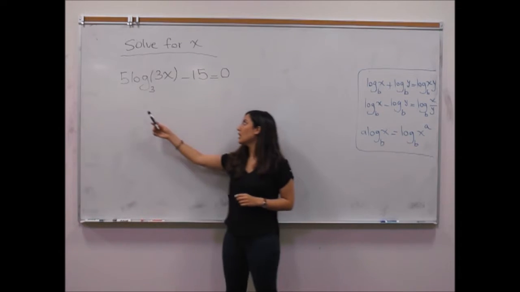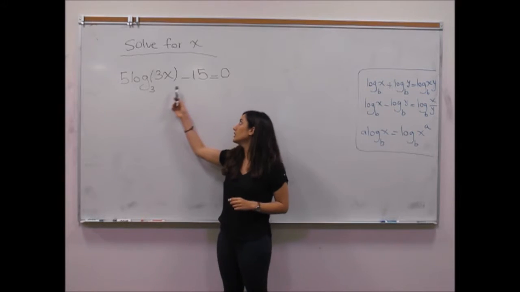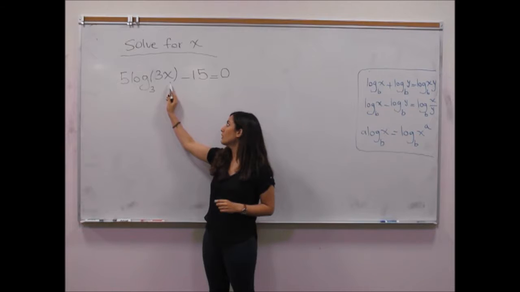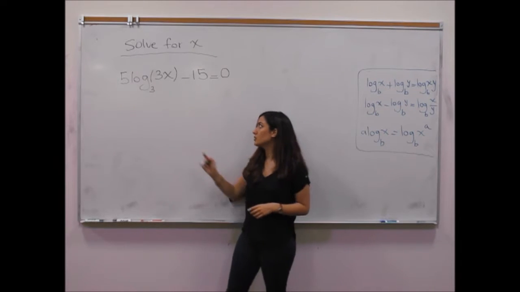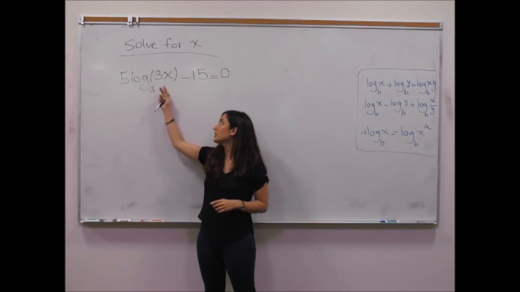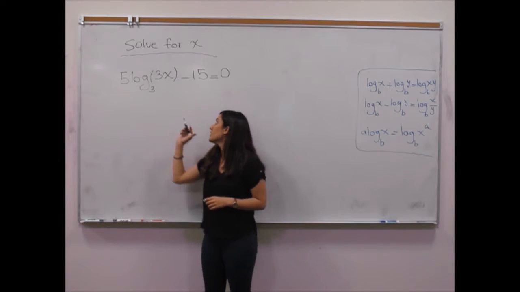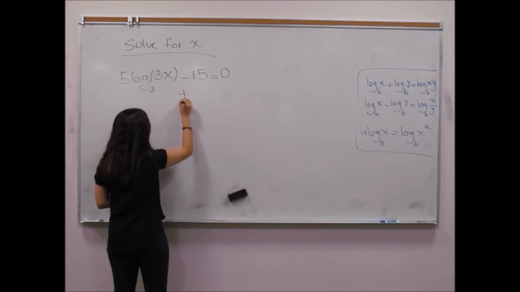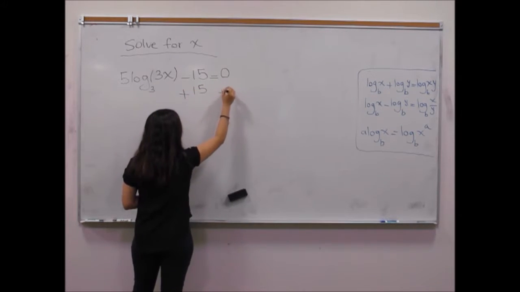This is 5 log of 3x base 3 minus 15 equals 0. So I'm solving for x. The first thing that I have to do is to isolate the log so that then I can isolate the x. So I have minus 15. I'm going to add the 15 on both sides. So plus 15, plus 15.